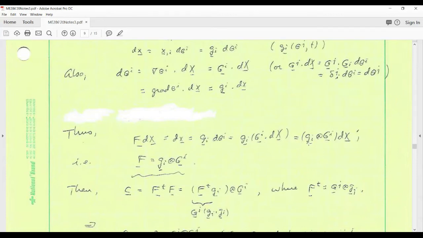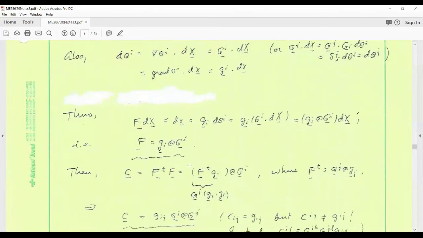This is the tensor product of small g sub I with capital G super I, all operating on dX. So this outer equation holds for all dX. Therefore, the deformation gradient has this rather simple, nice, elegant formula, valid in a convected coordinate system.